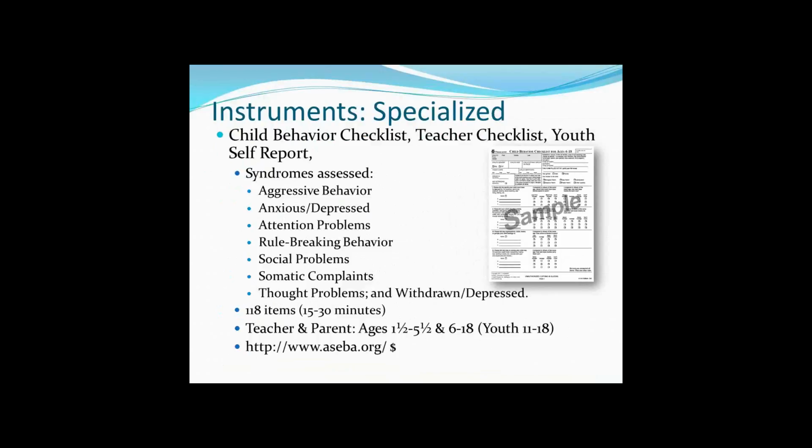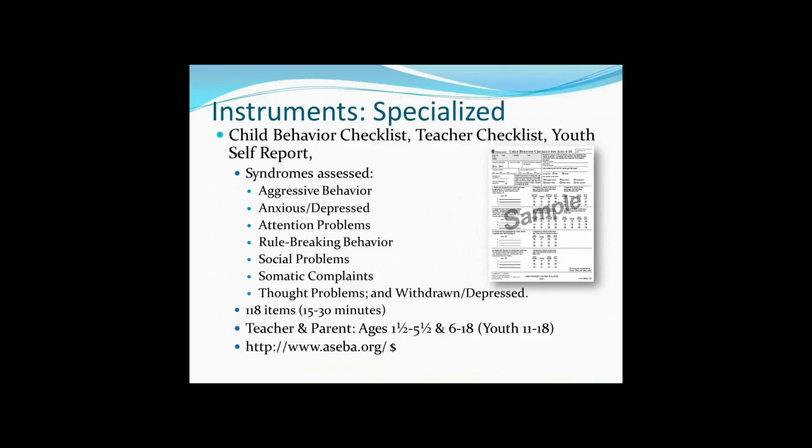So things that are assessed are aggressive behavior, anxiety, depression, attention problems, conduct issues or rule-breaking behavior, social problems, somatic or physical ailments or complaints. Thought problems, meaning looking for things that might be indicative of a thought disorder that might be emerging.